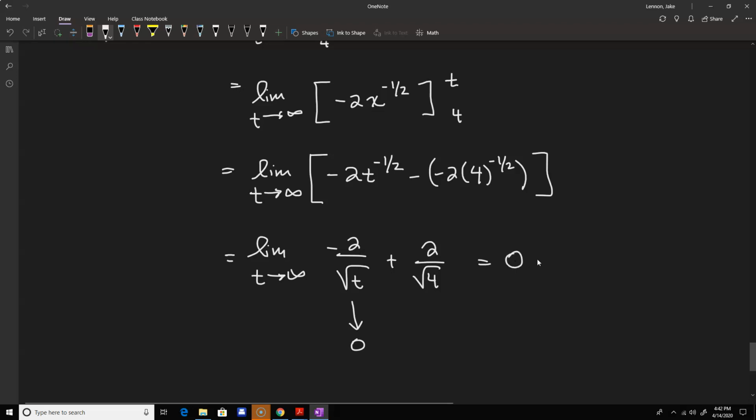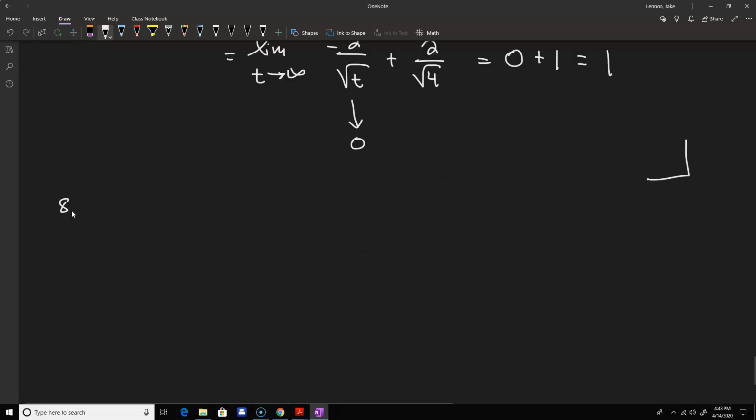So we just end up with 0 plus 1. So our integral, in fact, converges to exactly 1. Again, not too difficult to tell if it converges, but we have to do a little work setting up the improper integral to determine what the convergence value actually is.